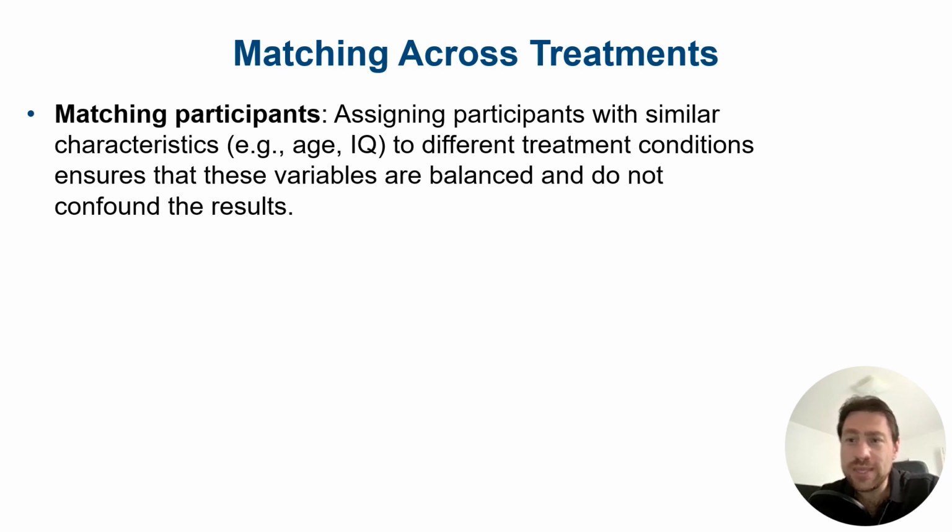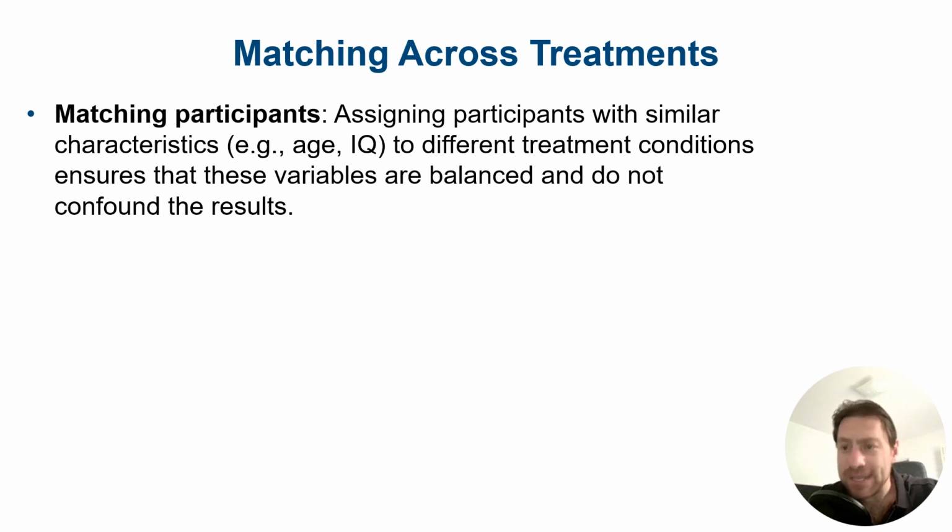All right, so the next approach is matching across treatment conditions. And the idea here is to balance the conditions such that the potential confound that you're controlling does not vary systematically between your conditions.